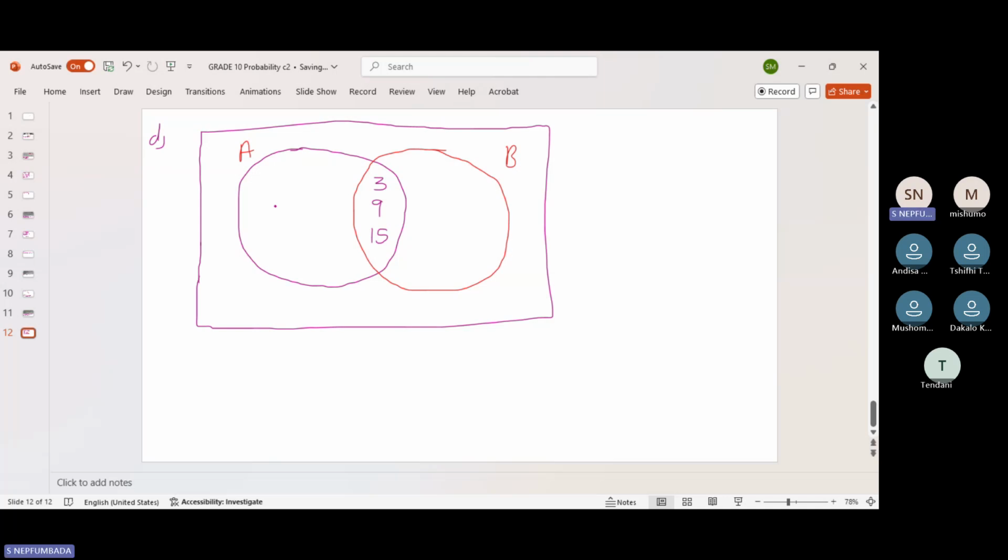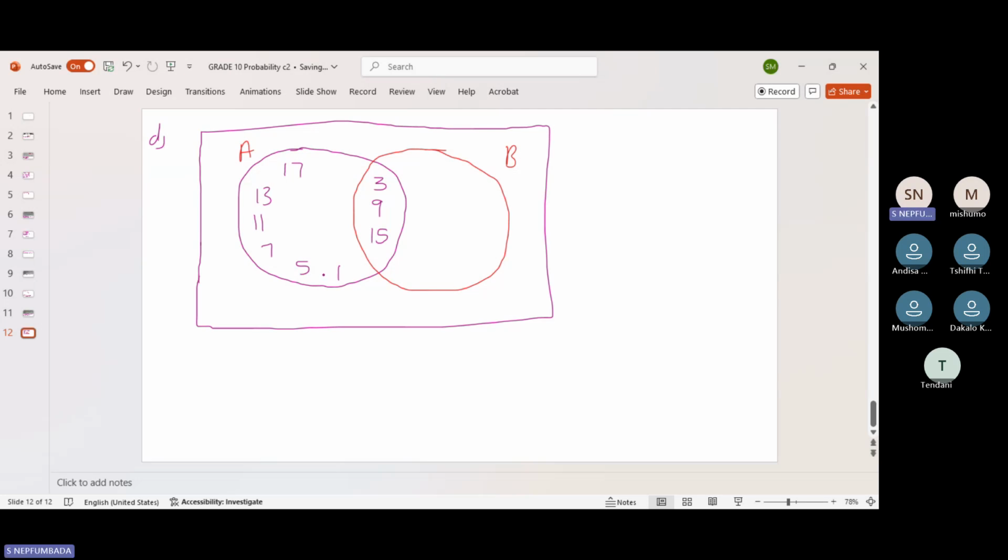Outside, it means we're going to have 1, 5, 7, 11, 13, and 17.